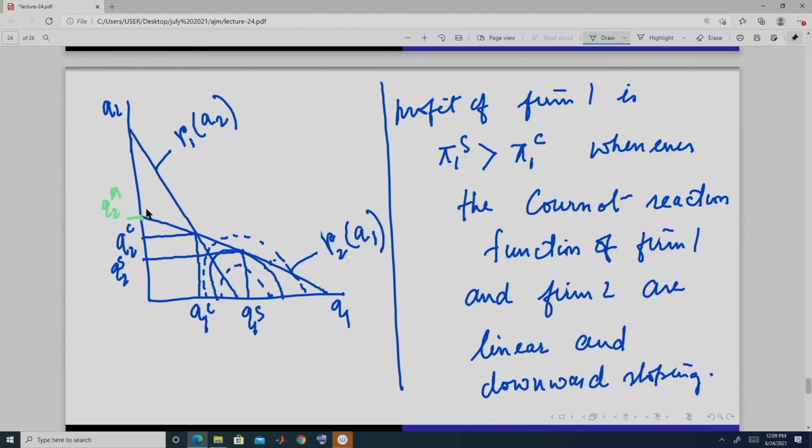Its reaction function is going to be something like this, and this is the Stackelberg, this is the Cournot.